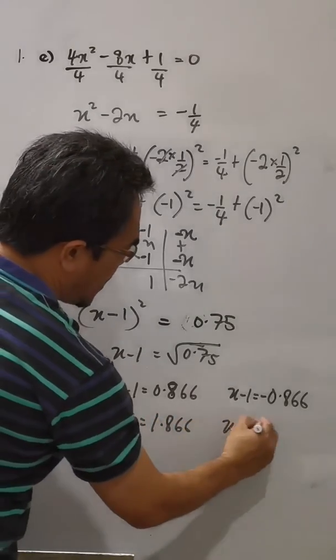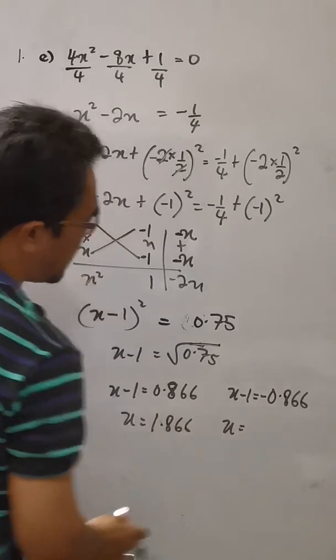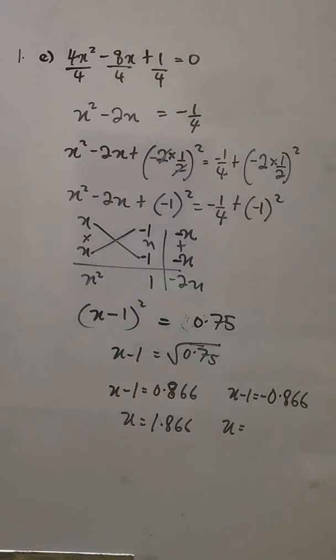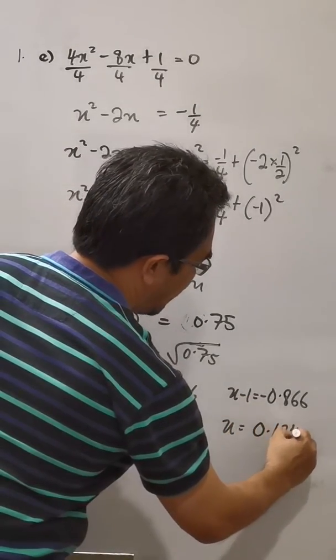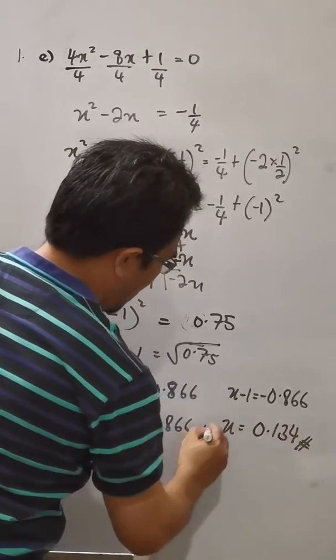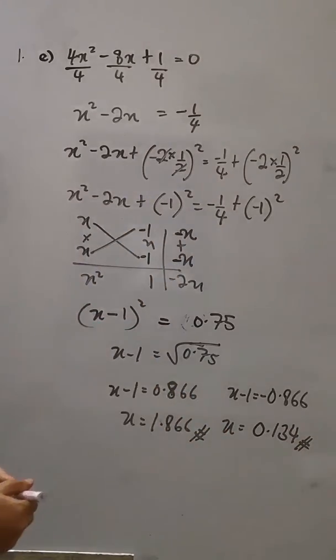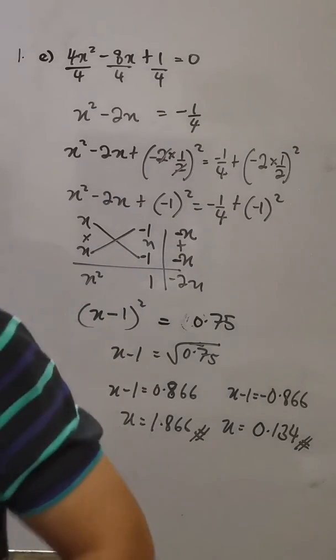And the other, negative 0.866 plus 1 will be 0.134. Okay, so the two of them are at 3 decimal places.